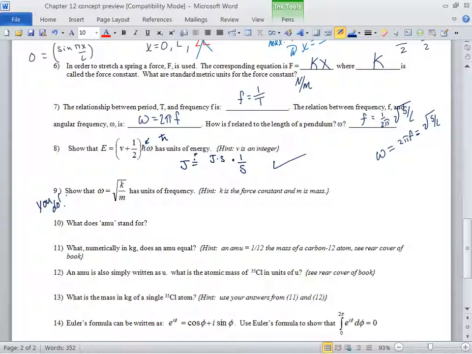And if you want 1/12 of it, that's how many grams per mole? 1 gram per mole. But they want 1 AMU, so essentially 1/12 of 1 carbon-12 atom. So really all you're doing is dividing that 1 gram per mole. How do you get the mass of 1 atom?